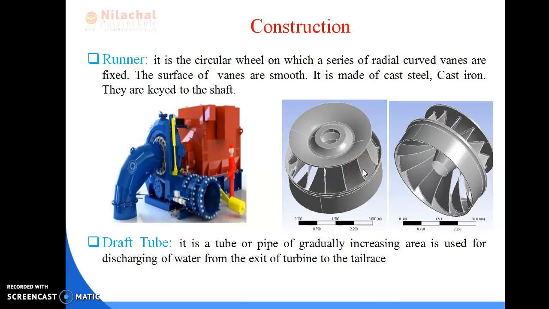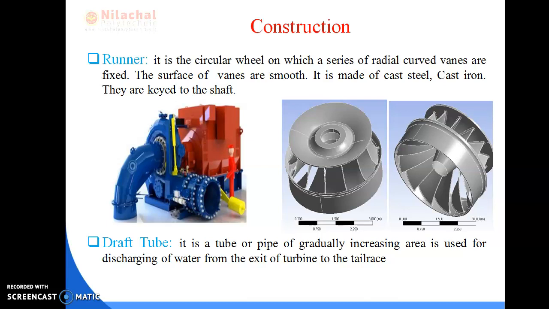The blades may be curved. As the name indicates, radial curved vanes means the blades are in such a way that the water enters into the blade in a radial direction, that is, the water enters at the radius of the turbine blade.